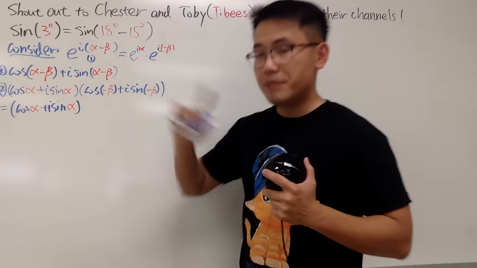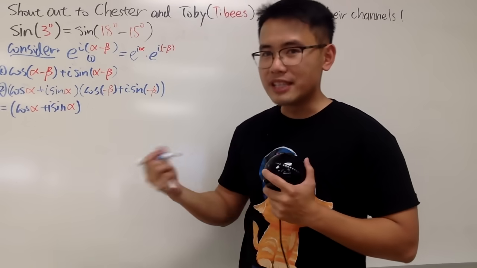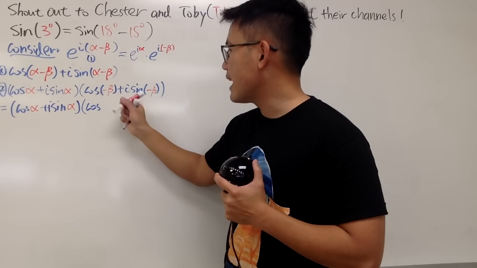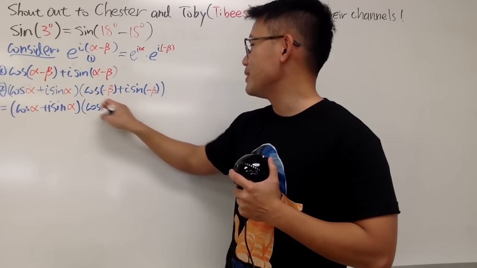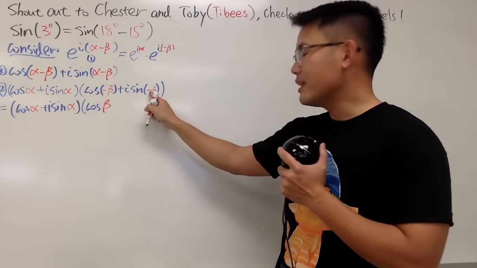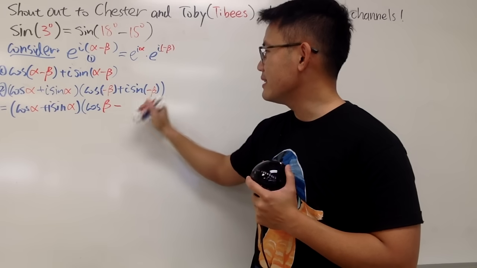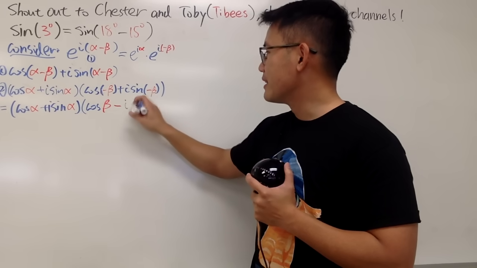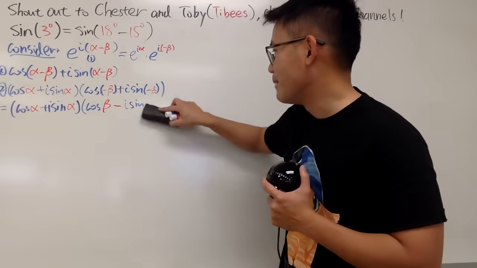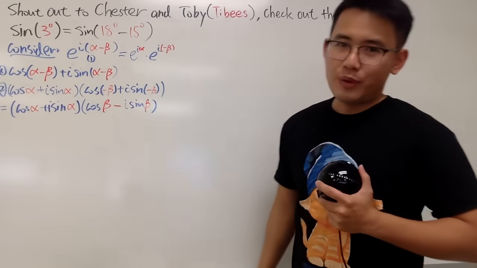And then, because cosine is an even function, cosine negative beta is the same as cosine beta, and now I don't need parentheses because I only have one thing. But sine is an odd function. It's okay though. That means we can just put a negative in the front. So we have minus i times sine beta. And because now I just have beta, I'm not going to put down parentheses.